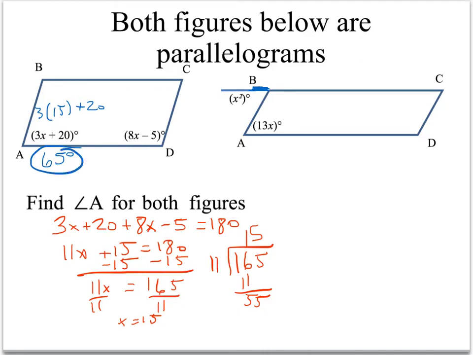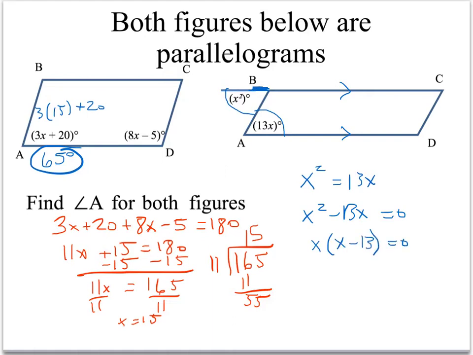Second problem, since we know opposite sides of a parallelogram are parallel, we know that alternate interior angles are congruent. So we're going to set up x squared equals 13x, subtract 13x from both sides to set our equation equals 0, factor out an x times x minus 13 equals 0.